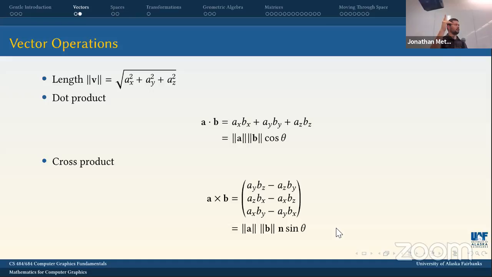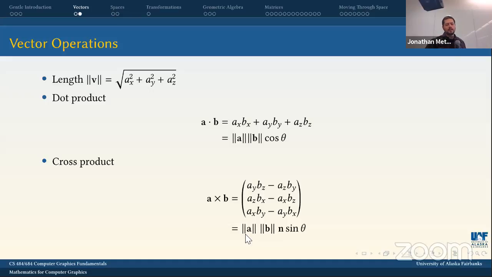That's the right-hand rule, and if you do it the other way around, it's the left-hand rule. You'll notice that B cross A is not the same thing as A cross B. In fact, what you end up getting is the opposite direction. So that's what that n vector represents. N represents the vector that is perpendicular, or what we would call orthogonal, to A and B.